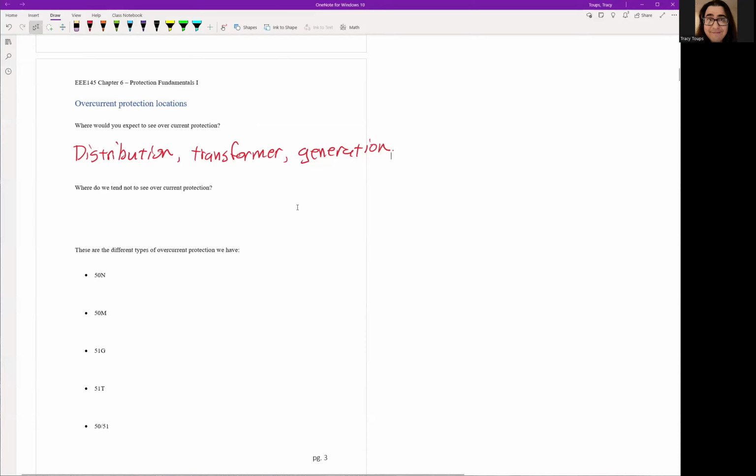Okay. Now, question is, where do we tend not to see overcurrent protection, right? It's mainly in transmission. We used to have it a lot, but we kind of shied away from it because the relay is too basic, right? Meaning there's not that much functionality past just looking at current. And transmission systems are very complex because of the mesh system with bidirectional energy flow.